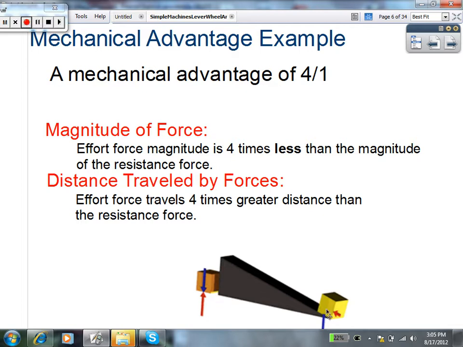However, if we put that same box on an inclined plane, which is our simple machine, notice that the majority of the weight of the box is being supported by the inclined plane. So if we had a mechanical advantage of 4 to 1, it means we would only have to push with 25 pounds of force in order to get it up to the same height as we would if we had just lifted it directly. But the disadvantage is that it has to travel 4 times as far in order to lift it to the same spot.